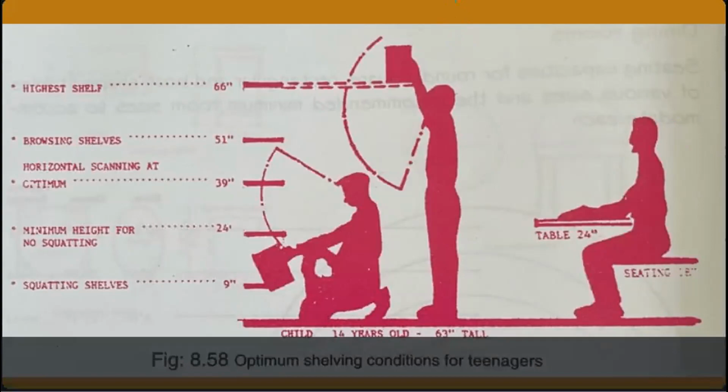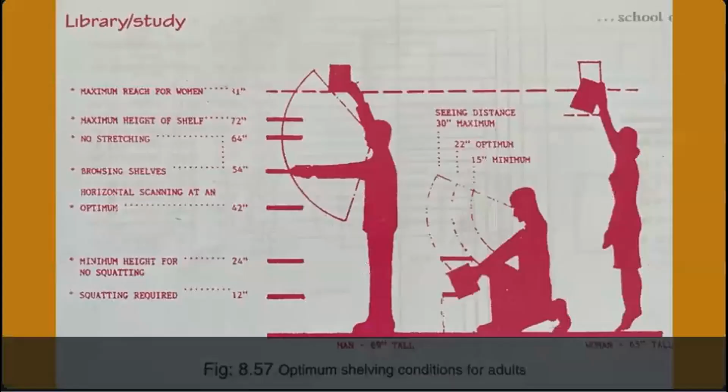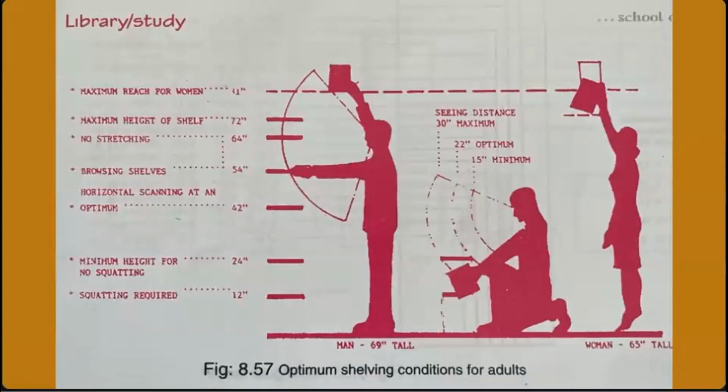Now the dimensions. For a woman who is 65 inches tall, the highest shelf can be 71 inches. And for men, the maximum height of the shelf should be 72 inches.